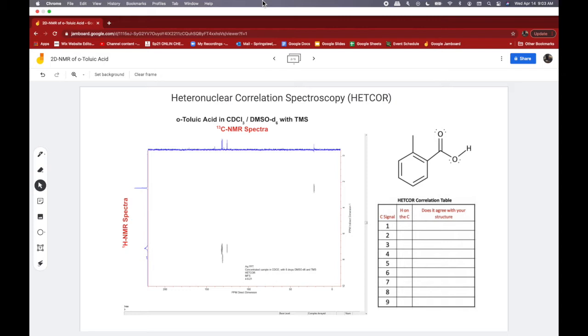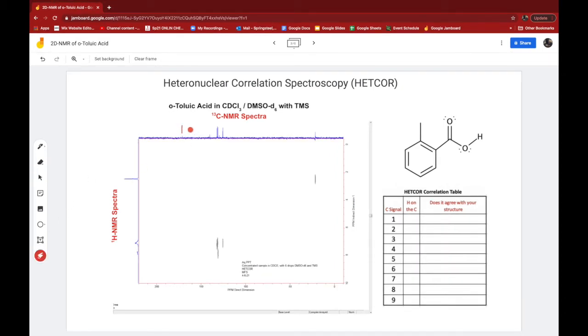So I'll zoom in on my iPad here. I'm going to call this carbon signal 1. If we follow it down, it goes to about 170. And then this short one, that's signal 2. That's in the aromatic region, and it's either this signal or that signal. And then we have 3 through 5.